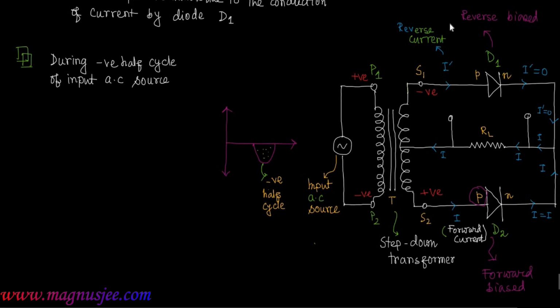So at the output, RL is the load resistance at the output terminals, and if we draw the voltage, there should be positive voltage at the output.